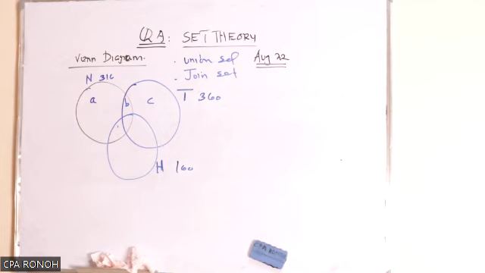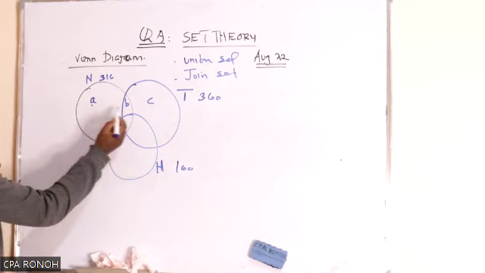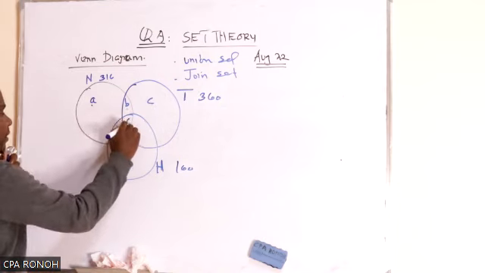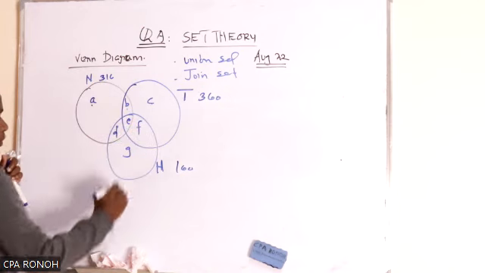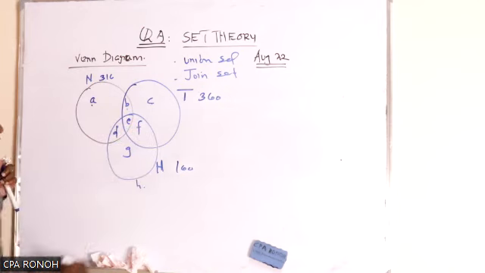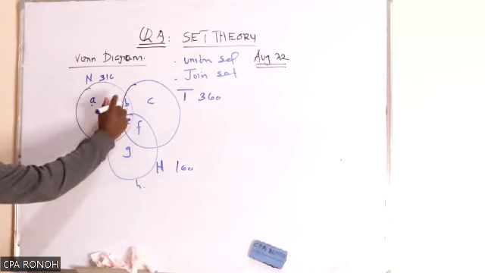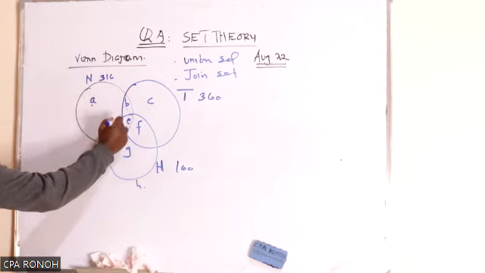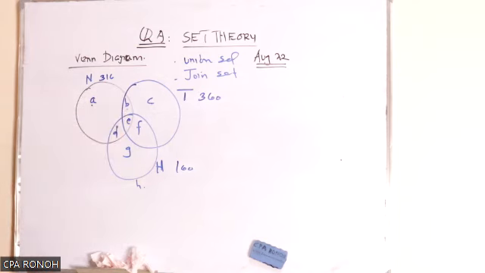You can name the regions A, B, C, D, E, F, G, and then H is the outside of the union set. So this is what we refer to as the union set.